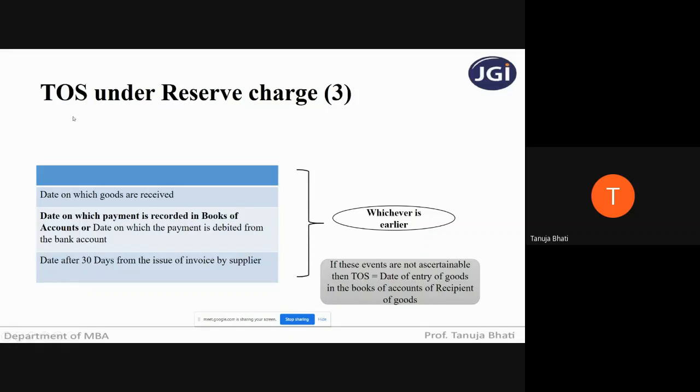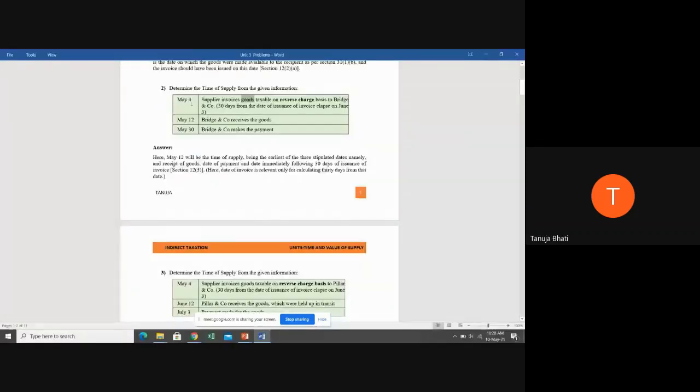So moving back to the problem, among these 3 dates, which is the earlier date, students? This will not be May 4, because that is the date when the invoice was issued, but we have to see the date immediately following 30 days after the issue of invoice. The 30 days lapse on June 3rd, which means June 4 is the 31st day.